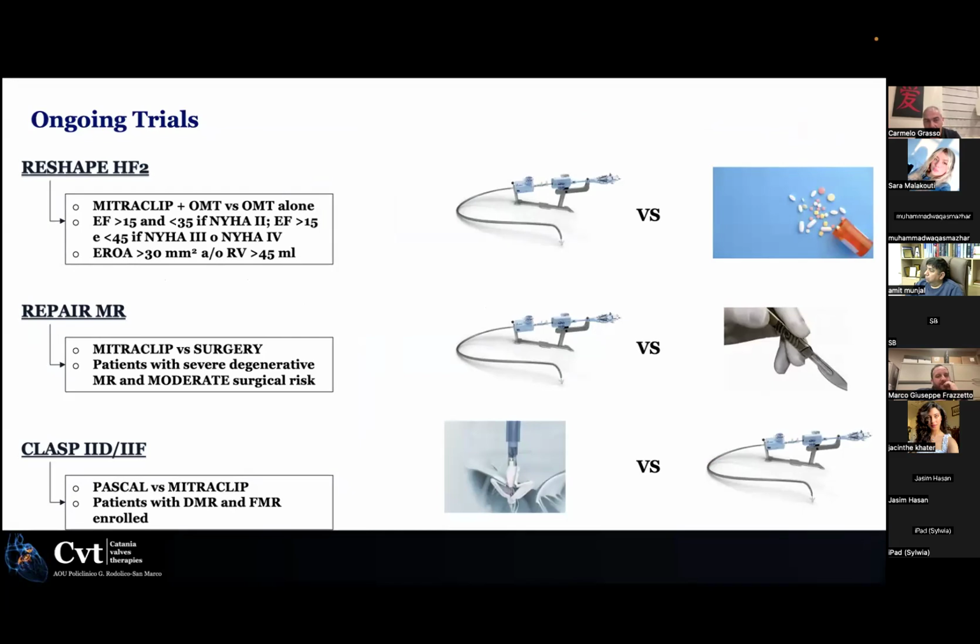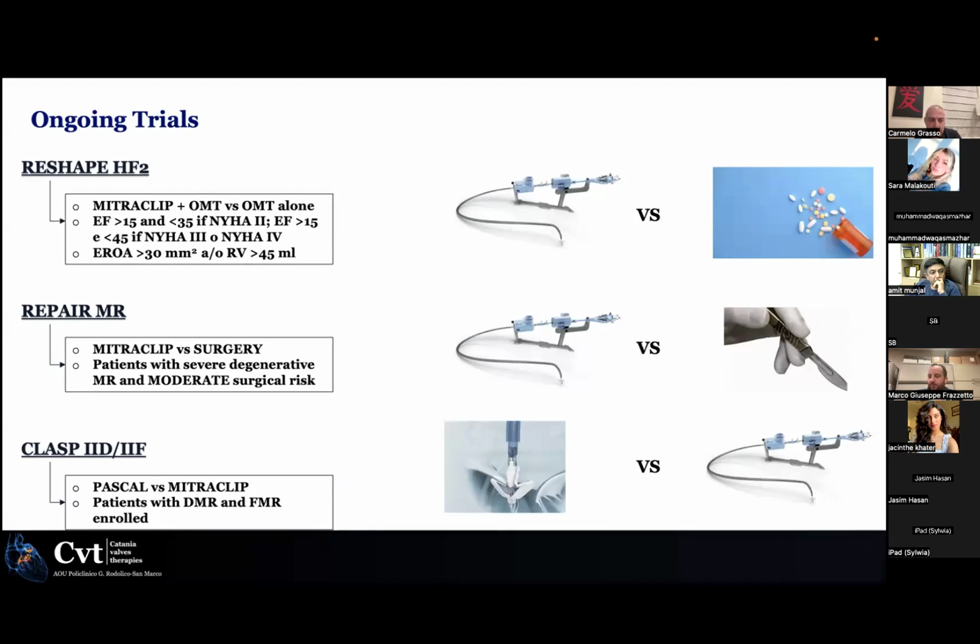So we have other trials that are coming. The RESHAPE-HF2, I will show the results in a few moments, still deals with MitraClip versus optimal medical therapy, in a sort of patient in between the COAPT and MitraFR studies.